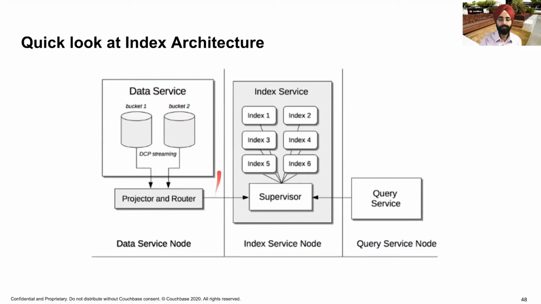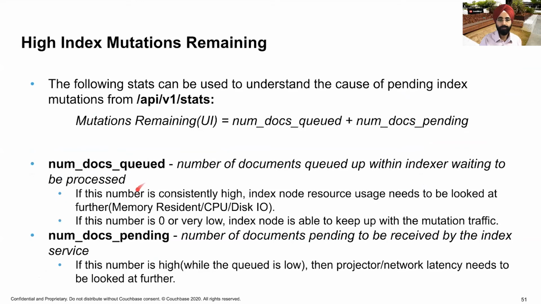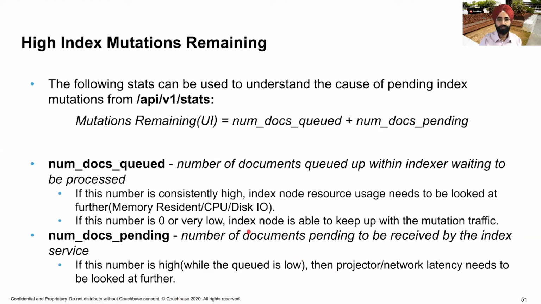It's either with the projector, which is another process which runs on the data service node and forwards the mutations to indexer, or even before that. So in order to check that, the projector or the network latency then needs to be looked at further. We'll go into the detail of this.